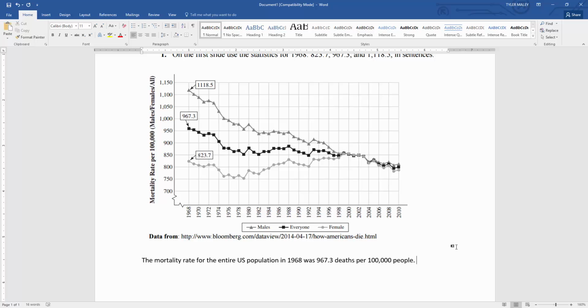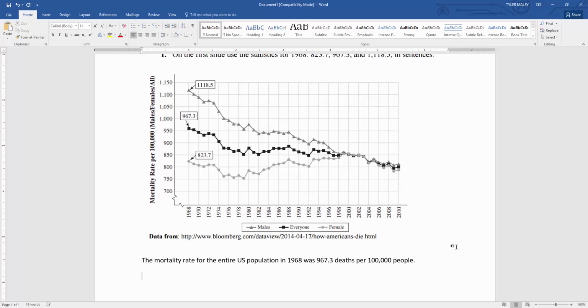So out of 100,000 people in 1968, 967.3 people died.